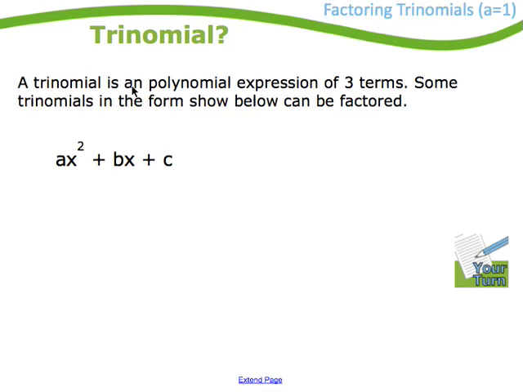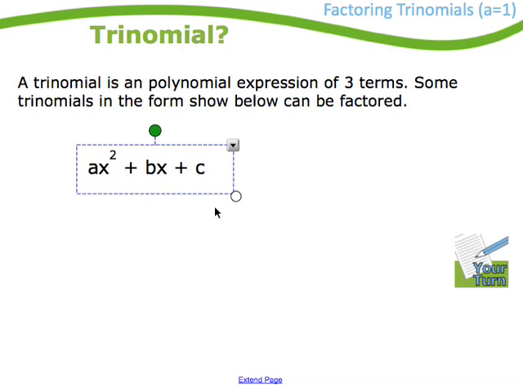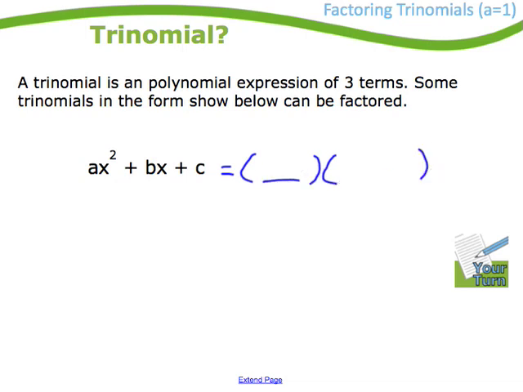Okay, so when I have a trinomial like this one here, I need to be able to identify that and recognize that I can express that as the product of two things. So something times something is equal to this. It seemed a little bit awkward to do that, but that's what we're doing.